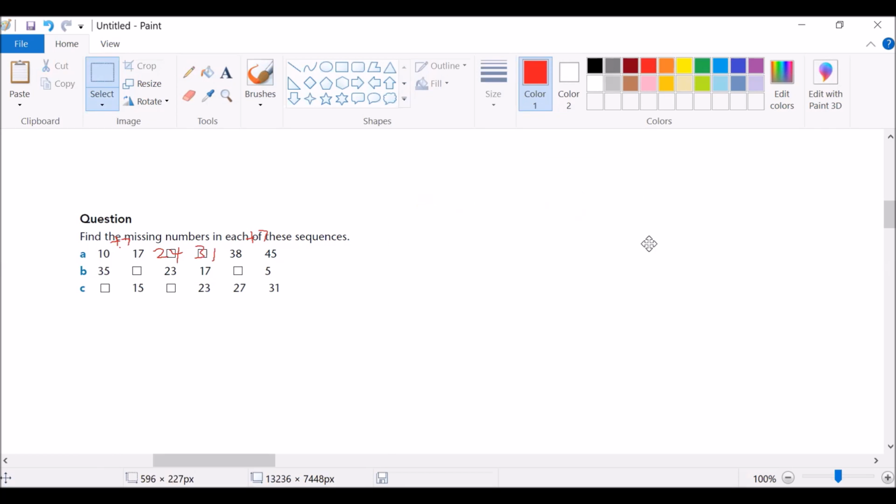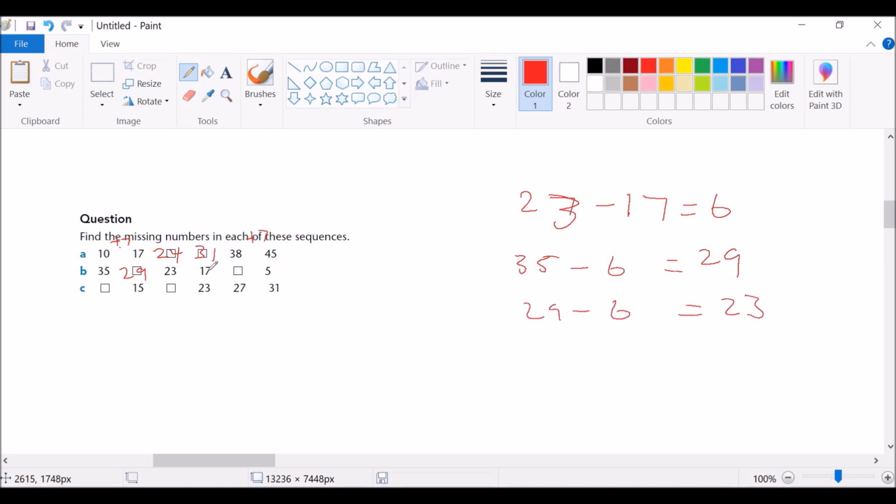Let's look at B. We have 35, we are going down. Okay, let's try 23 and 17. 23 minus 17, we're getting 6. So let's try subtracting 6 all the time. So we can say 35 minus 6, 29. So if we put 29 here, 29 minus 6, we get 23.